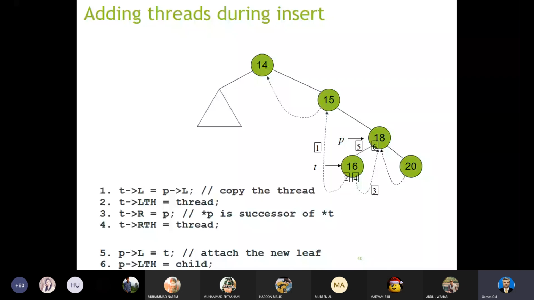If you have a question, you can ask. जी, अगर आपका कोई क्वेश्चन है तो आप लोग पूछ सकते हैं. So these are the 6 steps involved for attaching or for inserting a new node in a threaded binary tree and adjusting the pointers as well.